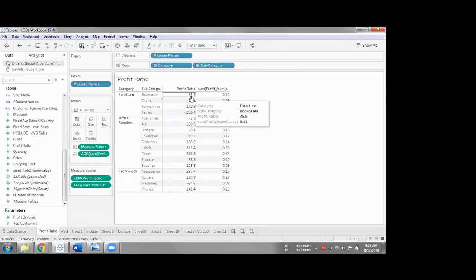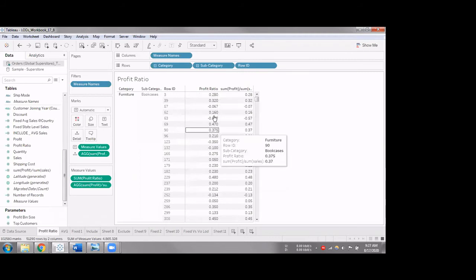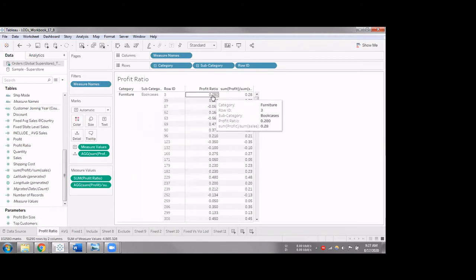Here it's calculating the ratio first and then aggregating on top of that. So for example, it calculates these ratios and adds them up, so if you have 0.2 and 0.5 and so on, it will simply cross 1. That's why we are getting numbers that are greater than 1.